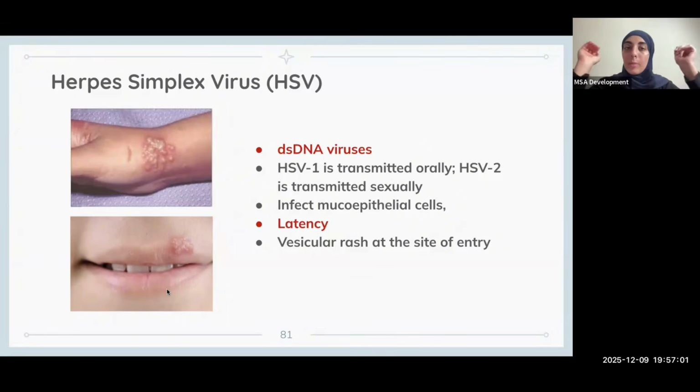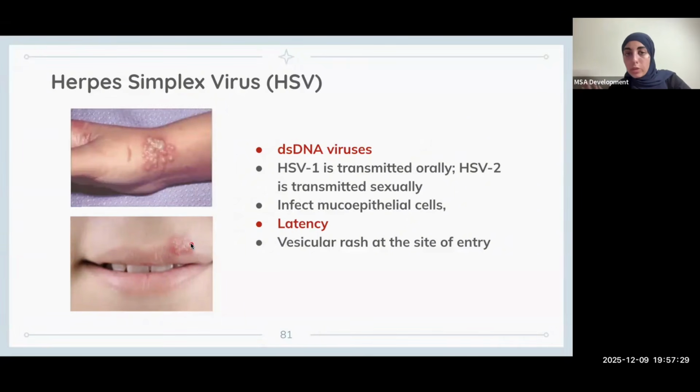So just remember that HSV1 affects above the diaphragm, while HSV2 affects below the diaphragm, because 2 is an STI and 1 is around the mouth. So they acquire this infection by direct contact, because this vesicular rash is actually very infectious. They acquire it by direct contact with a lesion on someone else, and this is the site of entry, okay?